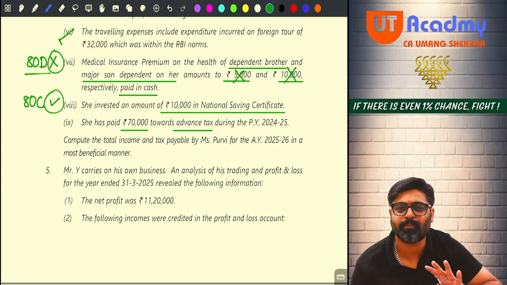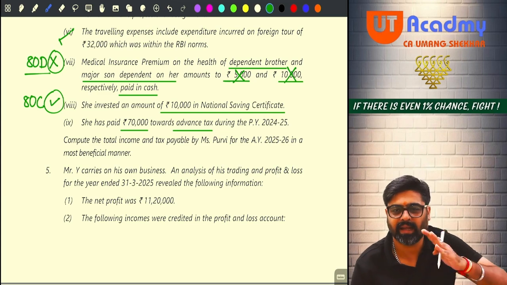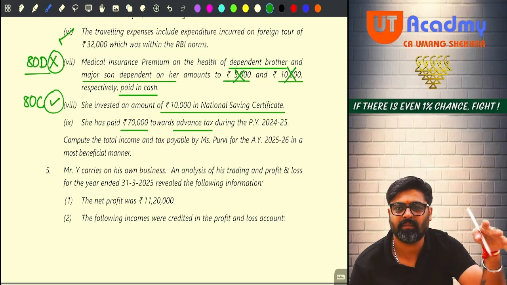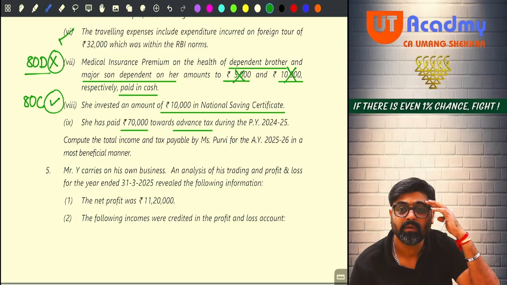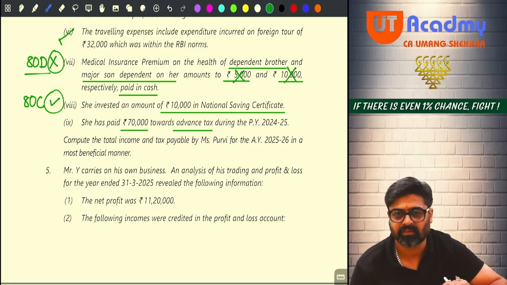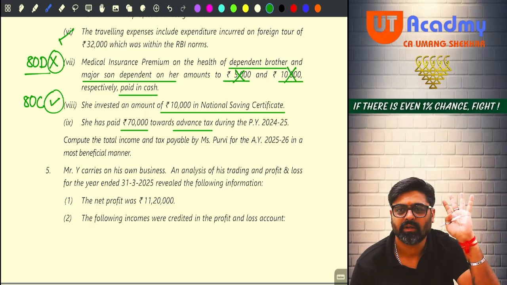Advance tax is a payment of tax in advance. So whenever you calculate your tax liability for this year, out of this year's tax liability, you are supposed to reduce this advance tax. To this extent, you are not supposed to pay tax. So this will be reduced out of the tax. Now believe it or not, you are going to calculate the tax also here.